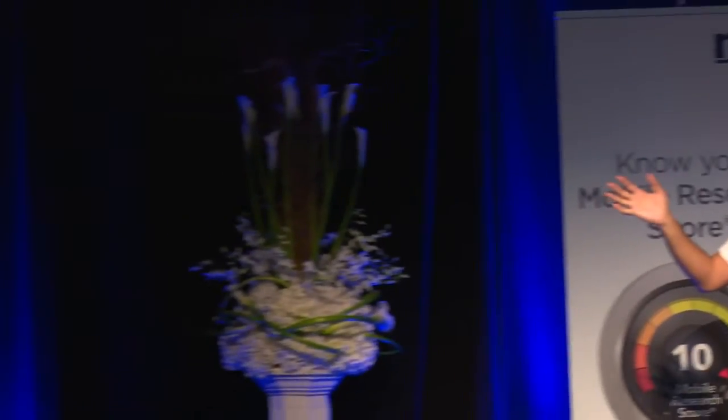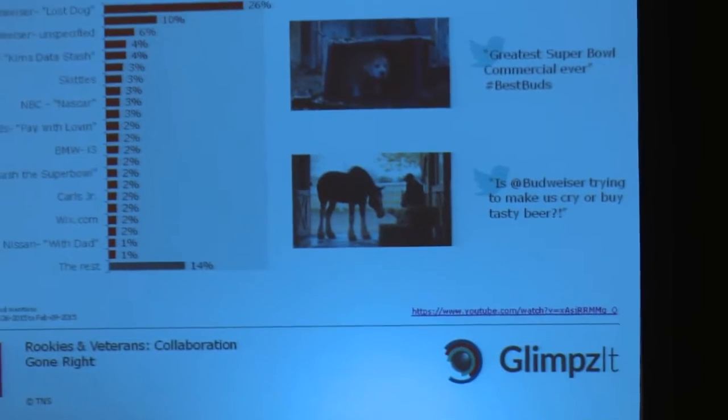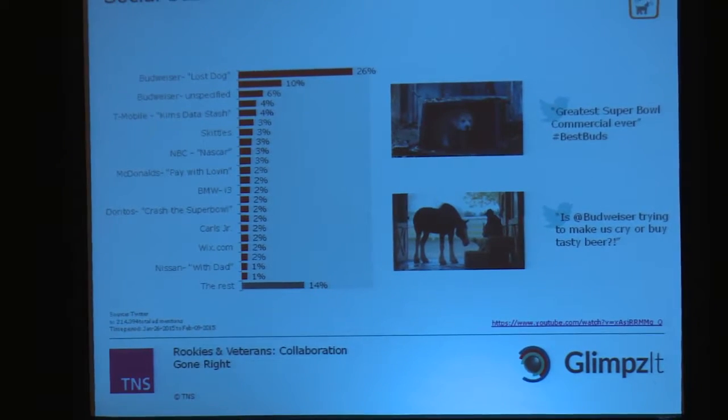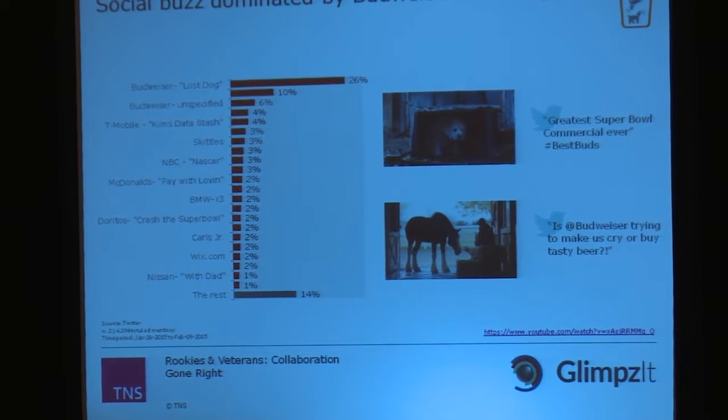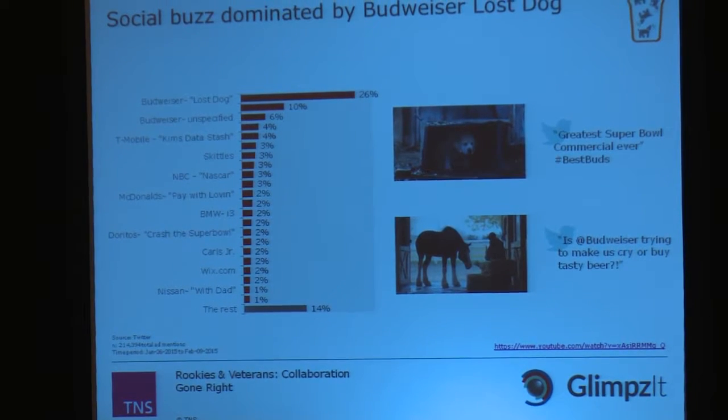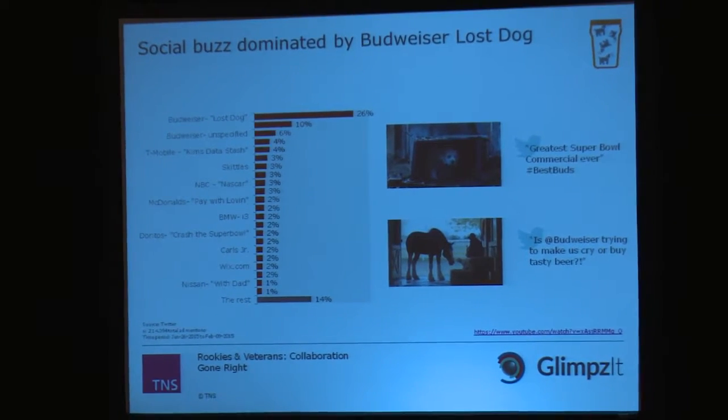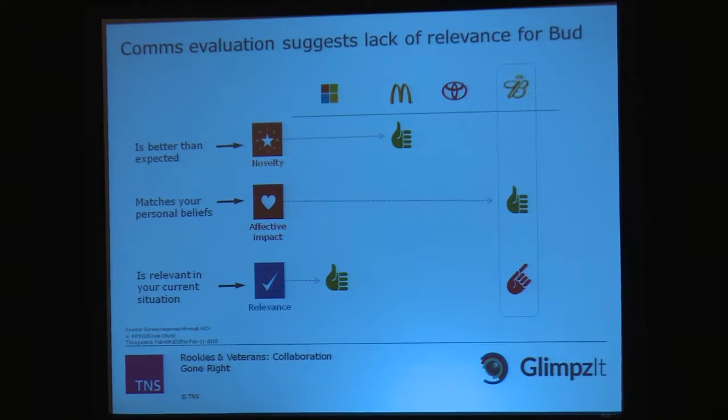Just very briefly, what we saw in the social media data was that the Budweiser Lost Dog really dominated all mentions. It dominated the entire landscape. But it wasn't really telling us a lot about the content of those ads. So we used our communications approach to try and understand that, and we saw that the Microsoft ad scored really well on relevance.